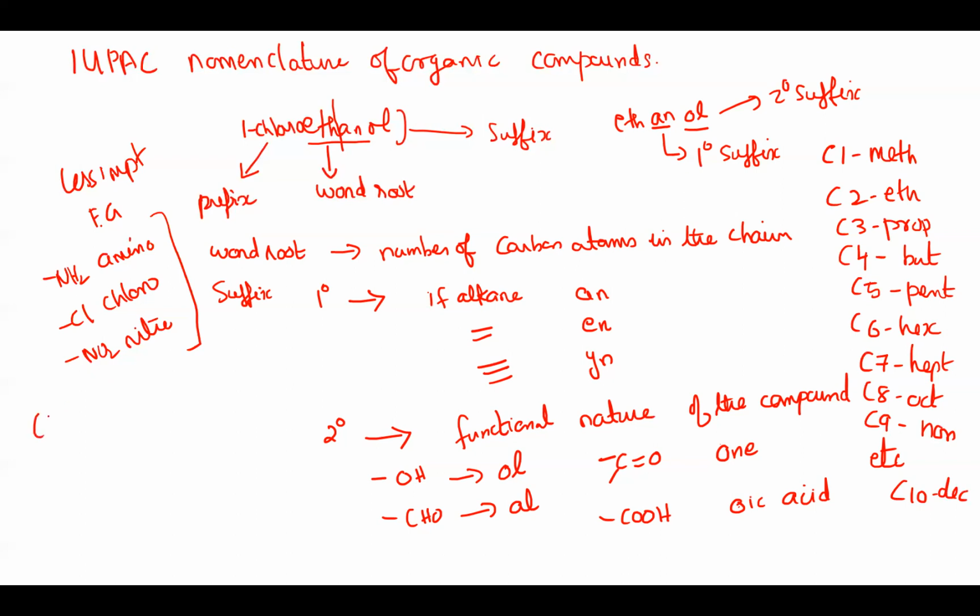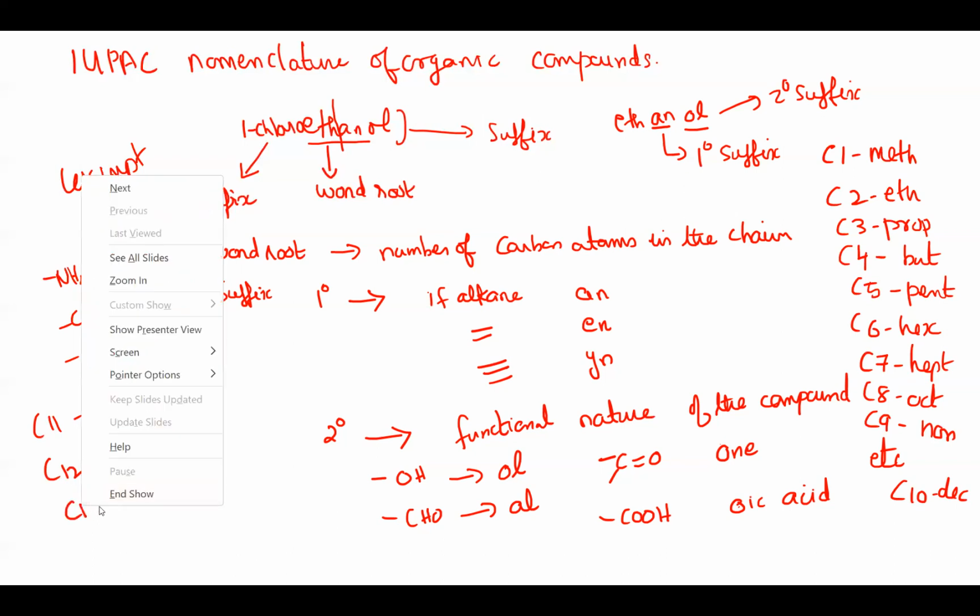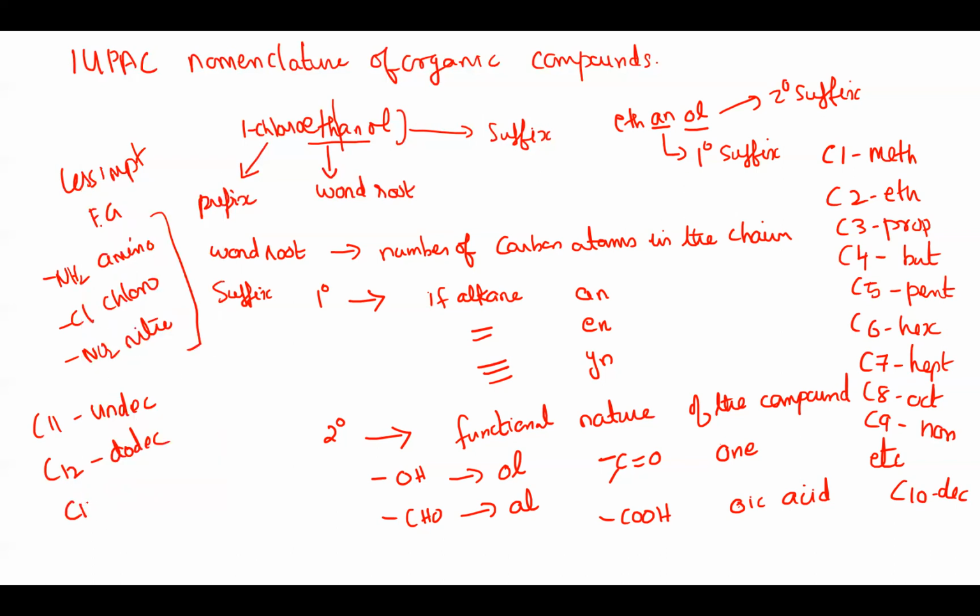If it is C11, it is called undec. If it is C12, it will be dodec. For example, C16 is hexadec, C13 is tridec, like that.